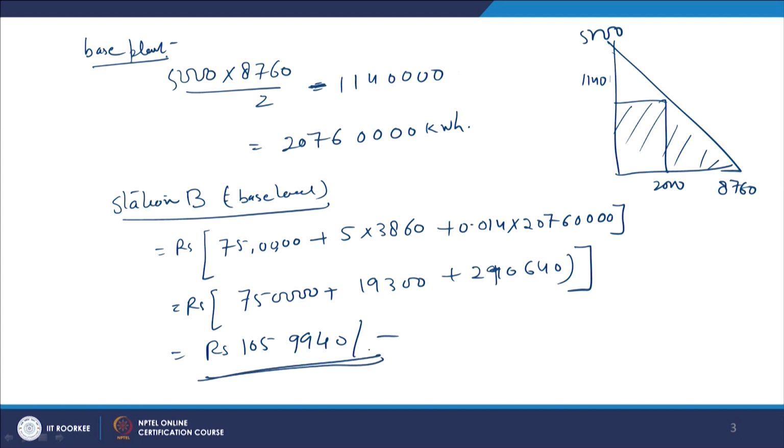Now, the cost of generation of plant A, that is the peak load plant.